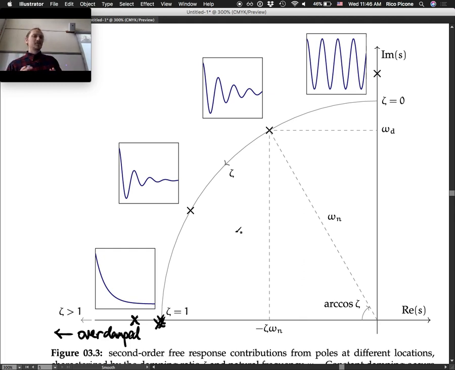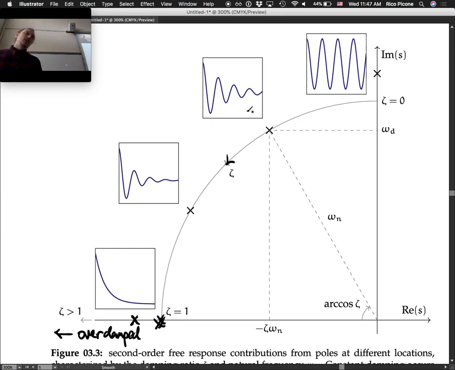And zeta decreases from 1 as we go along this constant arc right here, from zeta equals 1 down to zeta equals 0. If you started here, when zeta equals 0, you'd be moving to the left on this arc, moving counterclockwise. And the arrow points this way in terms of increasing zeta.